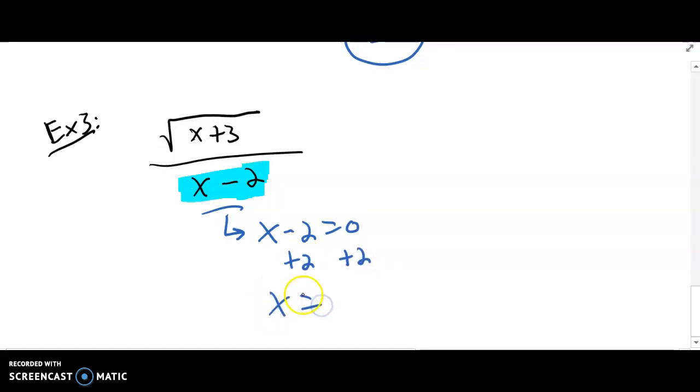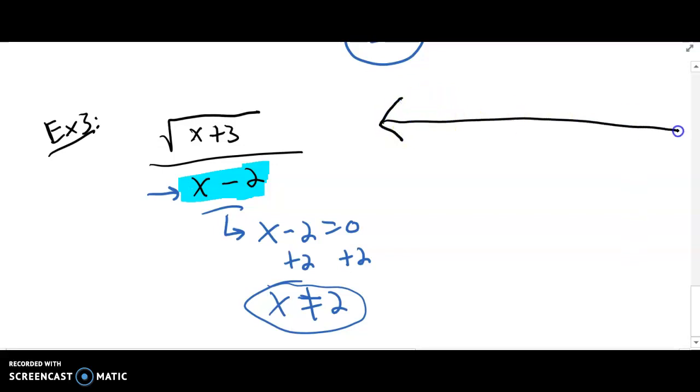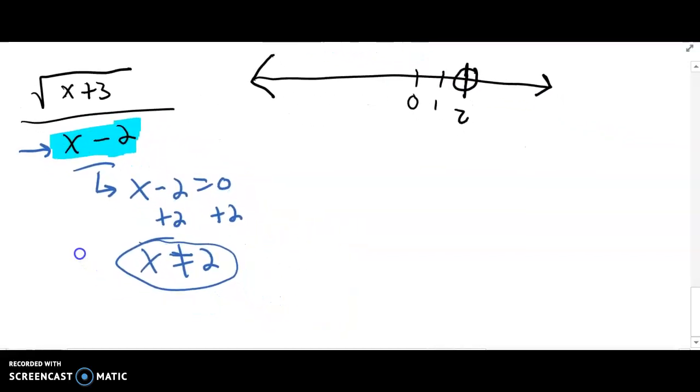X cannot be positive 2, because if I plug that in here, I'm going to get 2 minus 2 is 0. Then the denominator would be 0. So let's pause and actually put this guy on a number line. Here's 0, 1, 2. It cannot be 2, big hole. We don't know what's going on with everything else yet.